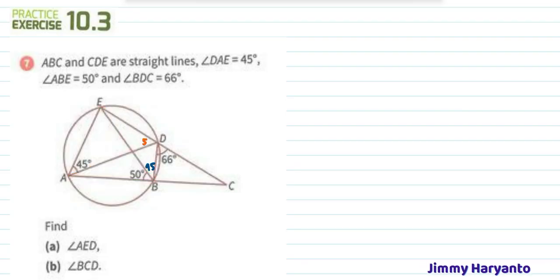Then I think I can get this one using the straight line. It's 180 minus 50 minus 66 equals 64 degrees. So this one is 64 degrees.